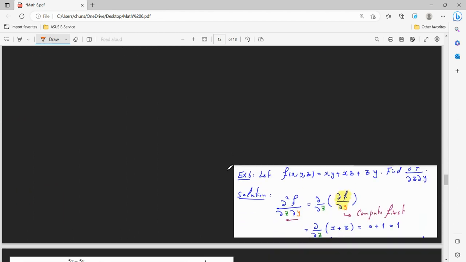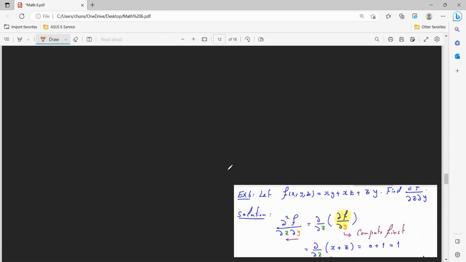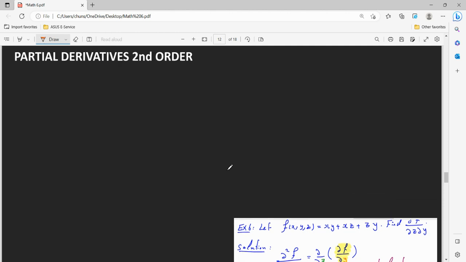And partial derivatives in the second order, they could be denoted like this: dx dy, where this is equal to first doing with respect to x, and then doing that with respect to y, right?